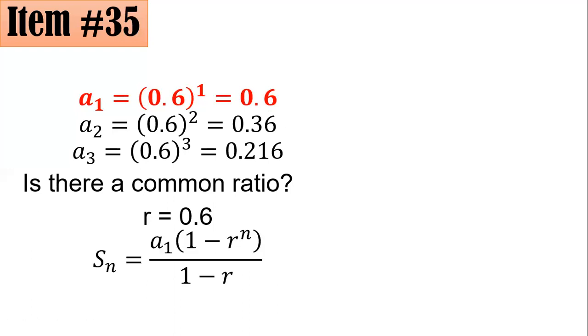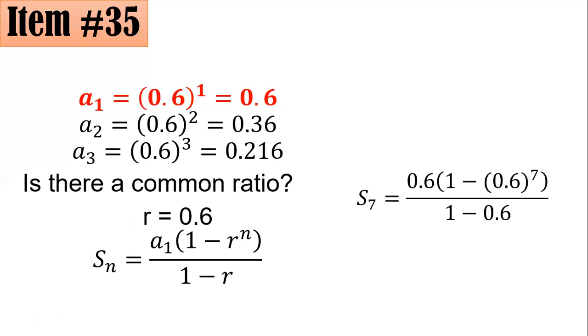And since you have a common ratio, this is telling you that this is a geometric sequence, and we have to get your geometric series here. So the geometric series formula is still applicable here. So replacing a sub 1 by 0.6, your r will be 0.6 and your n will be 7, because you're having the sum of the first 7 terms, because that's from 1 to 7.